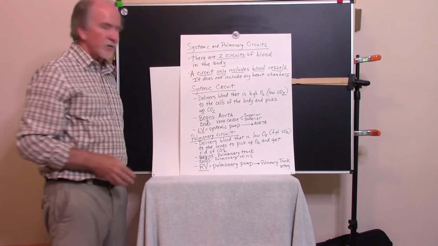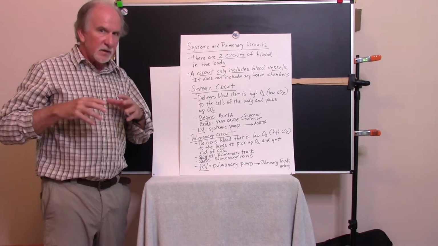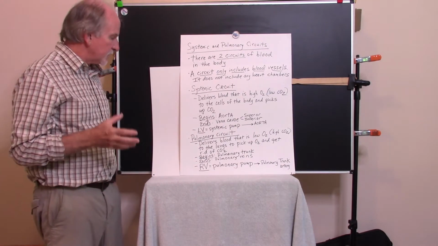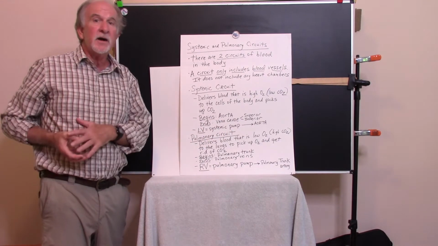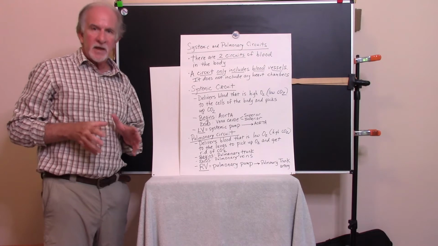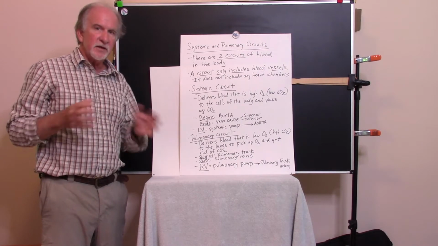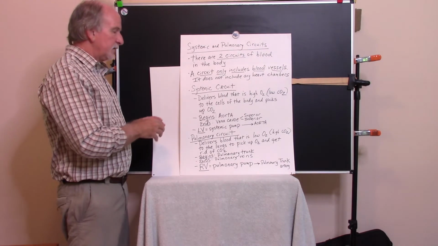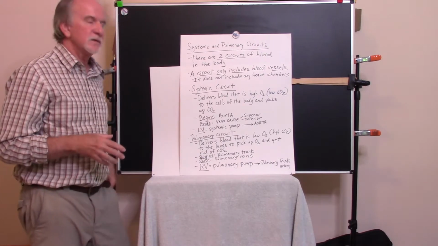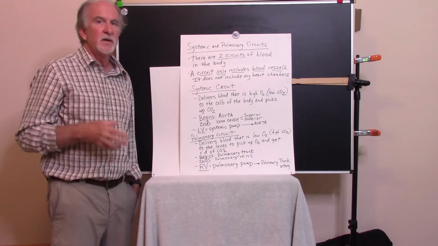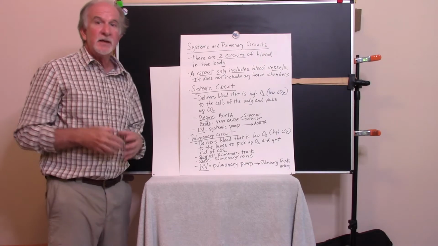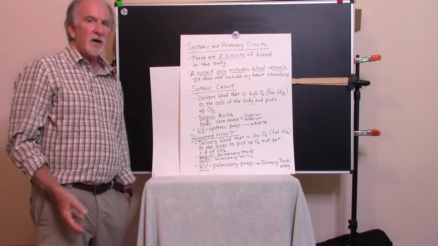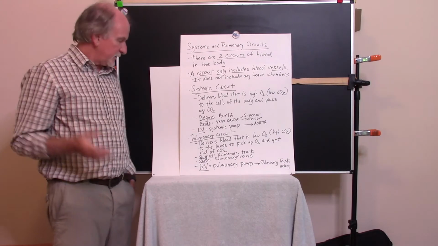The pulmonary circuit is a circuit of blood vessels exclusively associated with the lungs, and it delivers blood that is low in oxygen and high in CO2 to capillaries within the lungs over the air sacs, and then the pulmonary capillaries allow you to pick up oxygen that comes in as you inhale and then get rid of the carbon dioxide as you exhale.